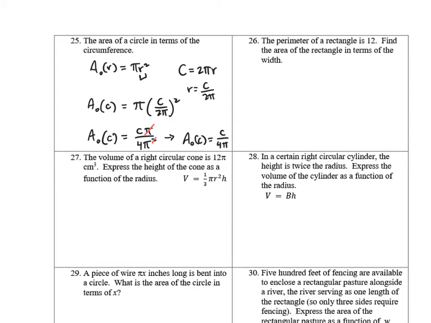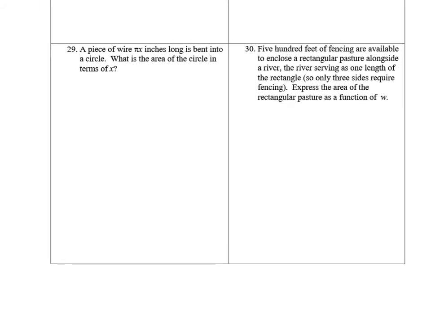Okay, next question that I'd like to do is problem number 29. So let's go ahead and shift our attention down there. A piece of wire, which is pi x inches long, is bent into a circle. So let's say there's no overlap. You don't have to twist it. It just meets end to end, right?